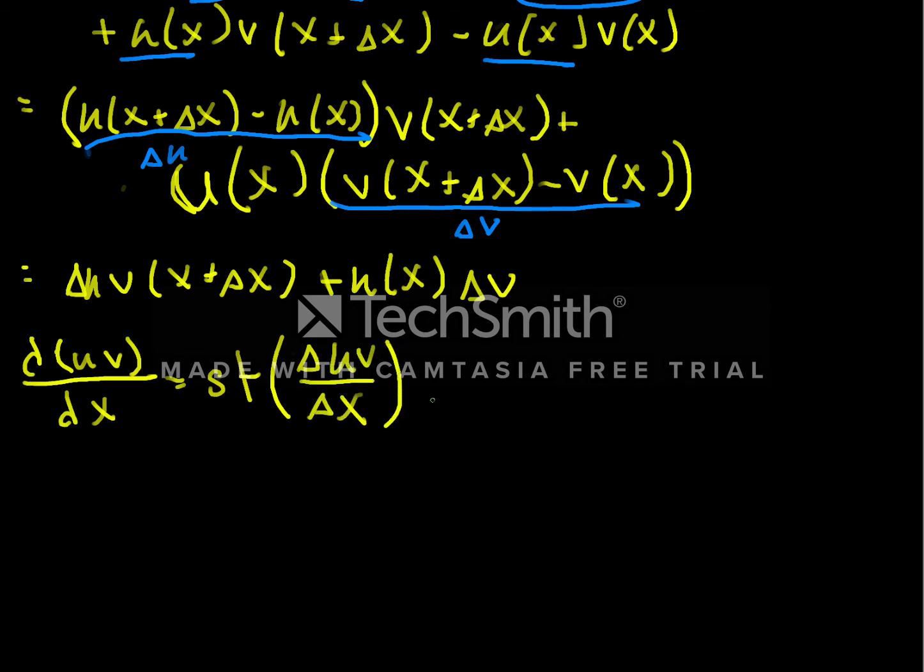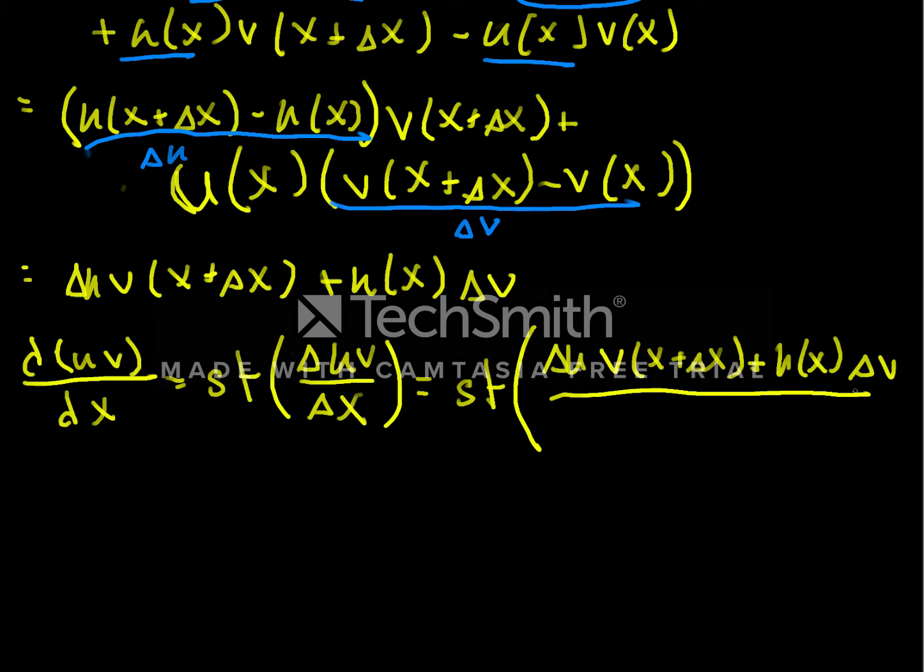Which, using this representation, is the standard part of change in u, v of x plus delta x, plus u of x, change in v, all over delta x.